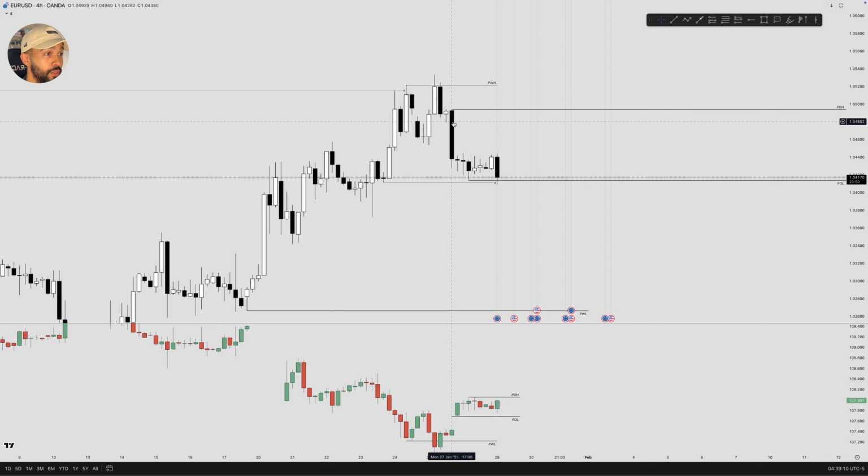We did make this sort of structural shift here where we went up, swept, broke down this internal low on the 4 hour, but then we're being held by this order block here. So that may be an indication of a possible switch in structure for a further pullback, right? Especially on the 1 hour where that would be a higher high, lower low. So we'll see. For me, I think, as I said, the higher time frames are showing potential further bearish price action.